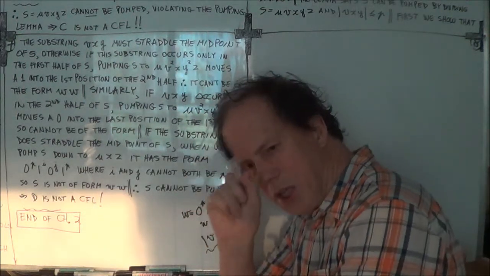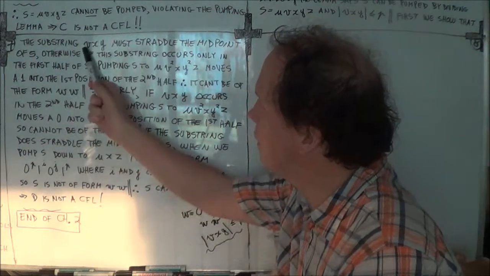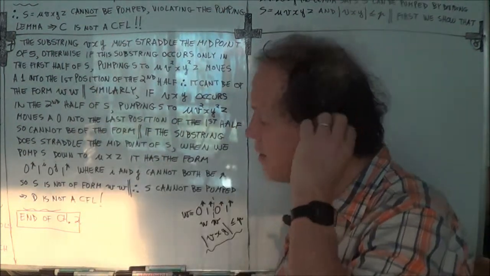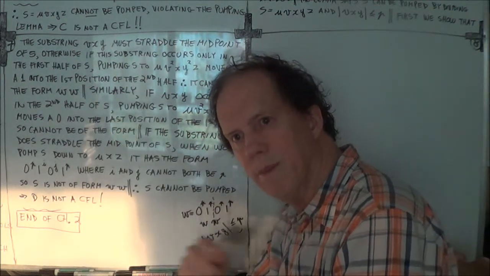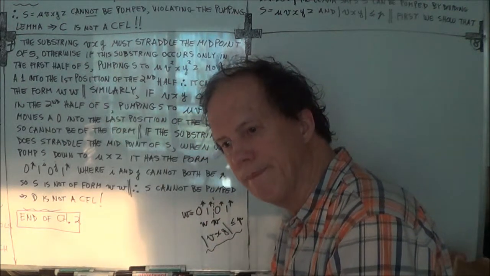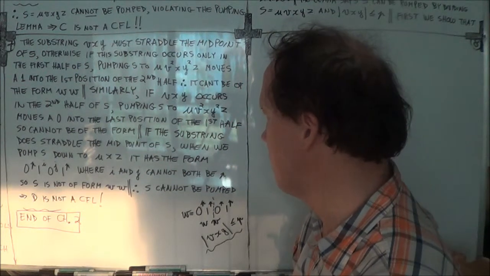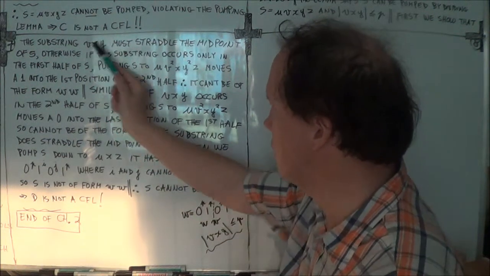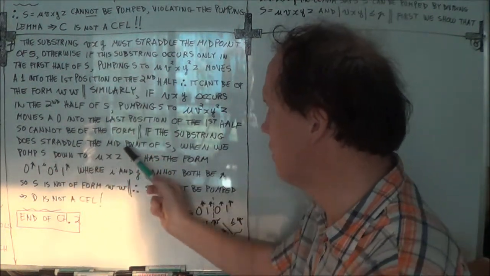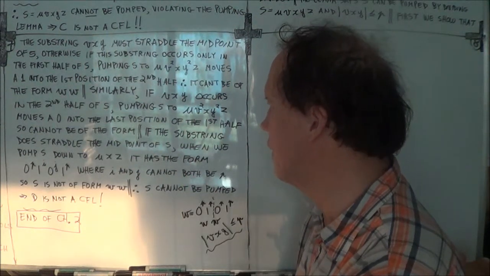So now our attention concentrates on those divisions of the string S where your vxy overlaps the middle of the string S. So the substring here does straddle the midpoint.